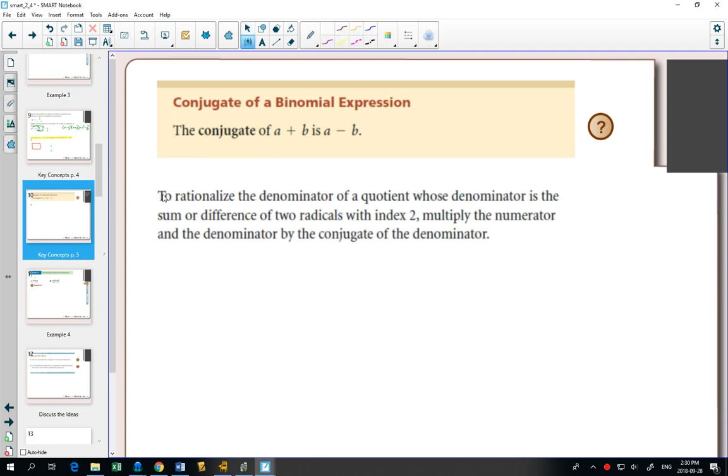So this is worth highlighting right here, at the bottom of the page.